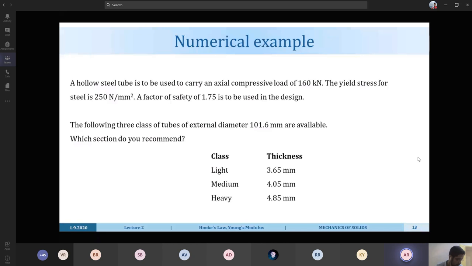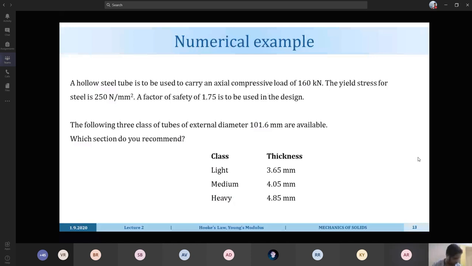Pi times the external radius square minus internal radius square, and you are equating to this value, 1120.06 millimeter square. And how much is the value you are getting for the internal radius? Internal radius 47.16 millimeters. Yes, exactly, it is 47.16 millimeter.